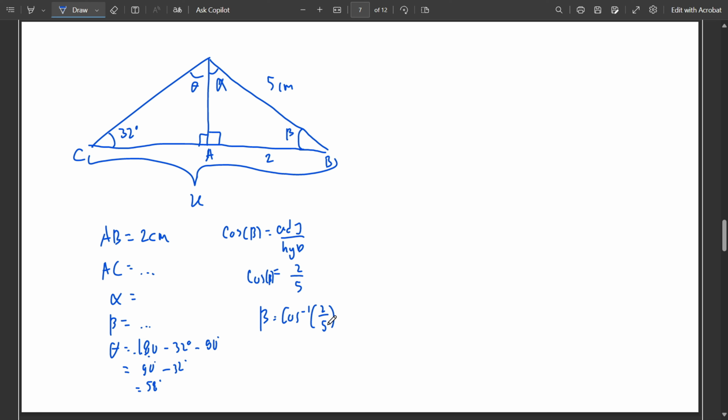Well, cosine inverse of 2 over 5 is approximately 66.42 degrees. And using this knowledge, we could find our alpha.